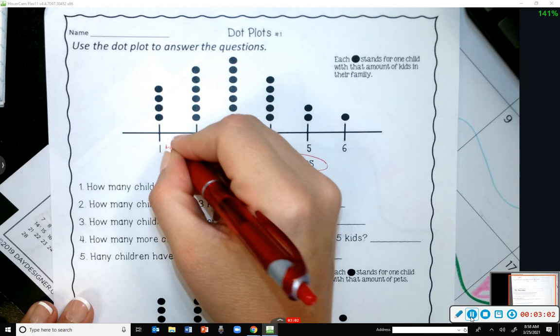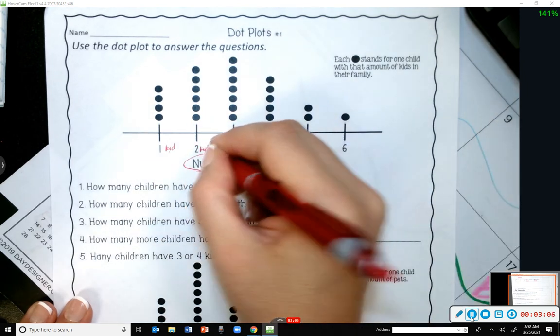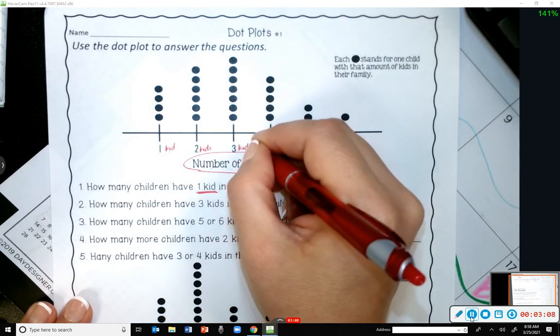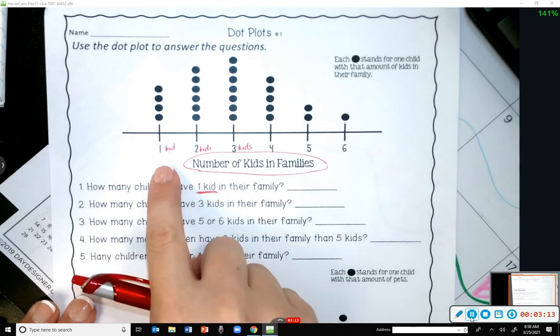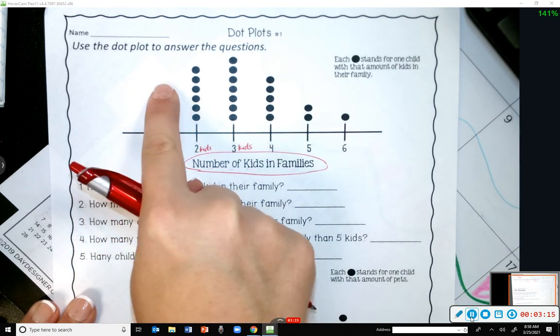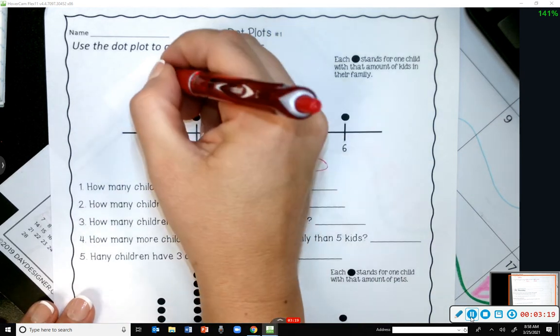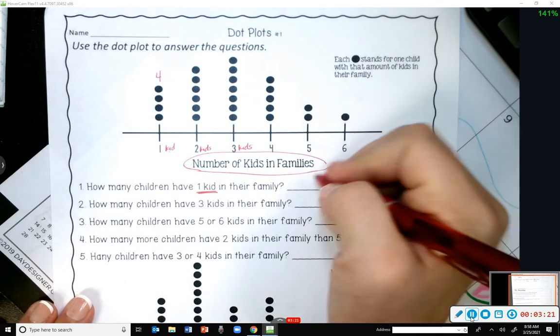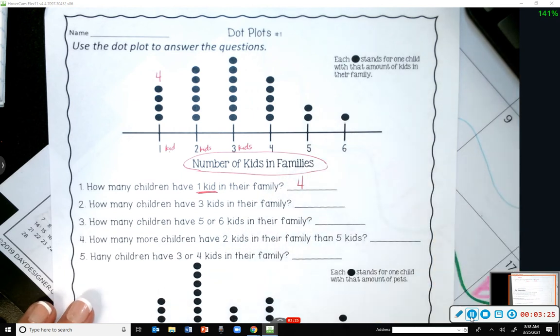If you need to write that, you can do that. 2 kids, 3 kids. Okay, so for 1 kid in their family, there are 4 students that have 1 kid in their family because there's 4 dots. Okay, any questions on that, on number 1?